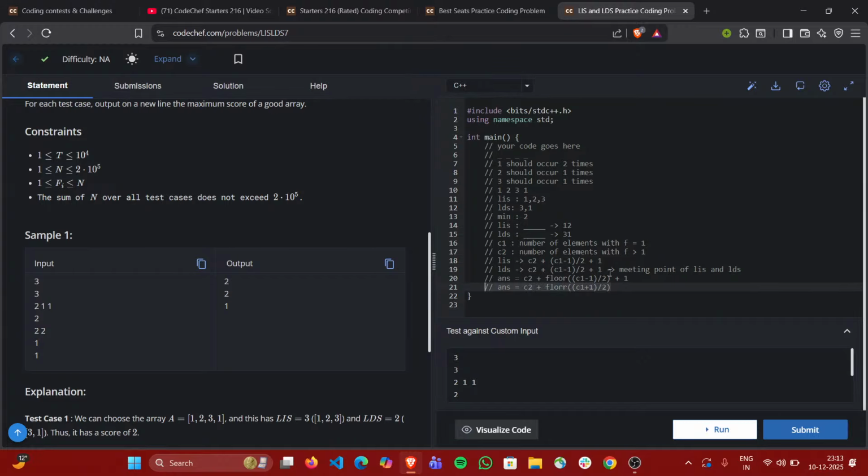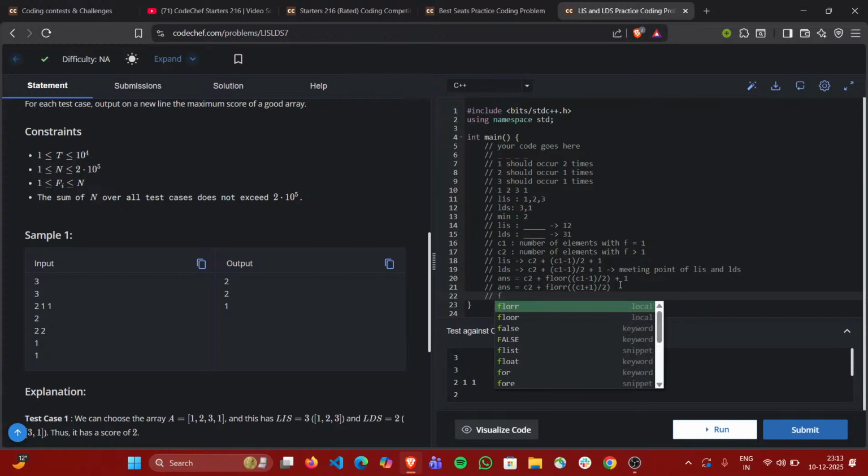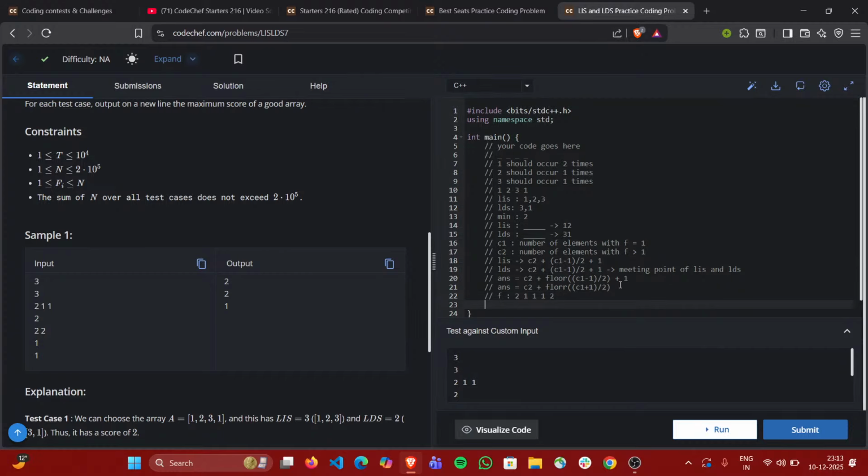And I will explain these three components with another example as well. So for example, I have the frequency array in the question as 2, 1, 1, 1 and 2. So what will be my approach to this question? I know that I will have LIS and also I will have LDS, right?